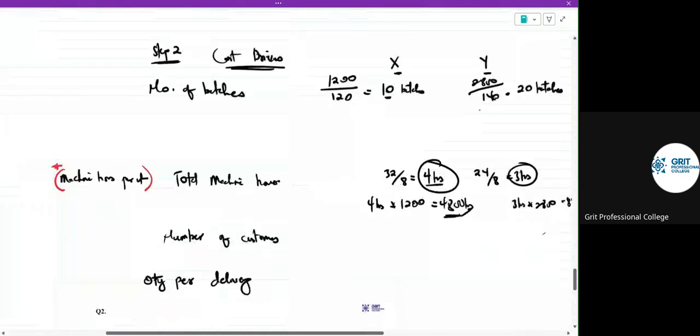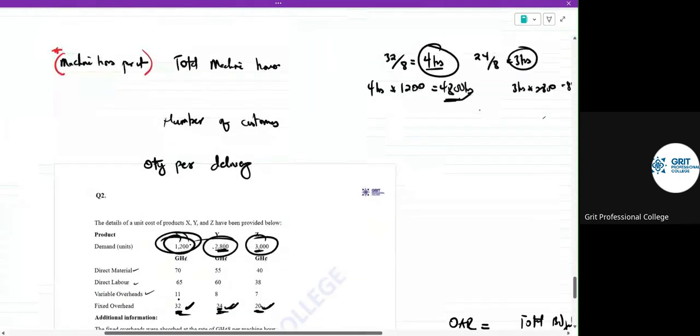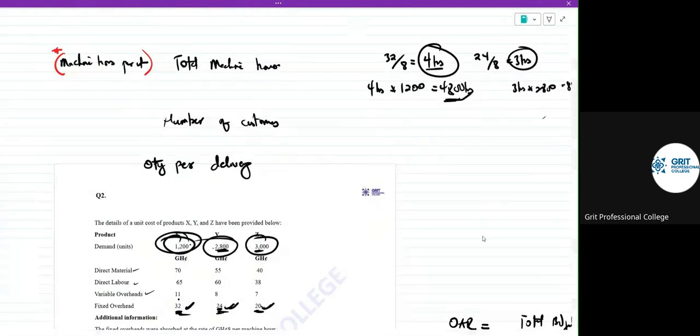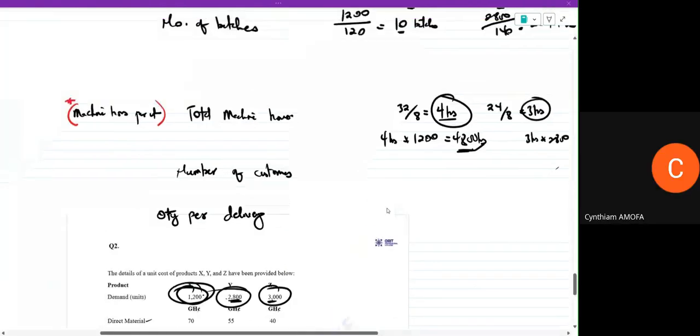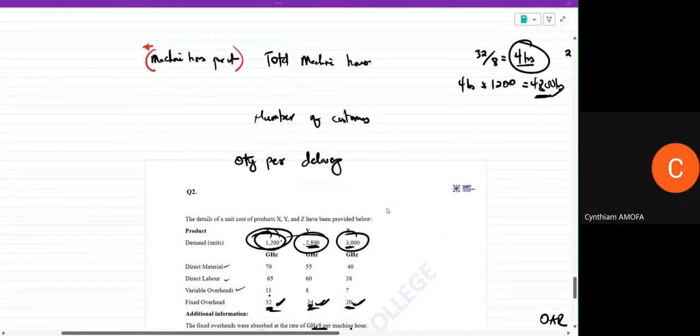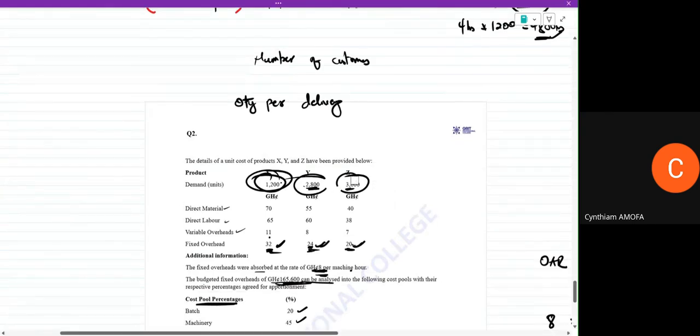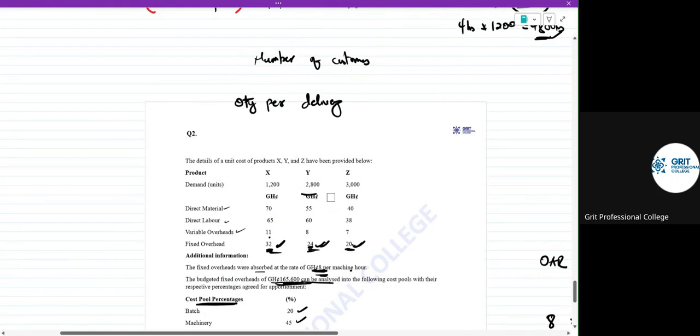All right. We've tackled batch. Yes, there's a hand. Who has their hand up? Yes, Cynthia. I want to know if you are given the number of batches, how would the calculation be? Oh, the examiner has made it easy. You saw we solved a question earlier, right?